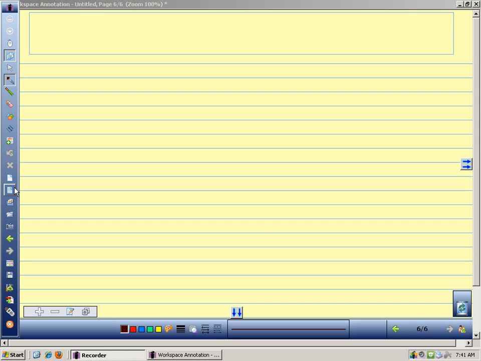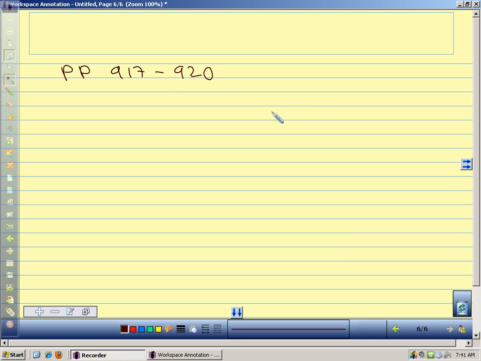But we can have functions that are differentiable but not continuous for multivariable functions. If you're interested, pages 917 through 920 talk about differentiability and give some examples of functions that don't behave nicely.